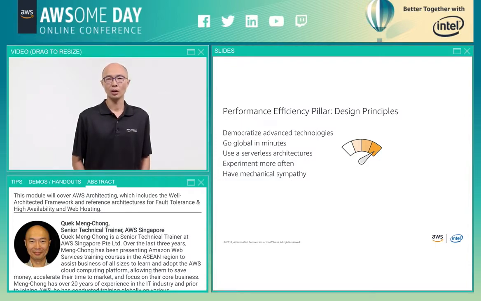With virtualization, we can quickly carry out testing to enhance efficiency. Finally, there's mechanical sympathy. This principle suggests using the technology approach that best aligns to what you are trying to achieve. Essentially, use the tool or service that best suits your needs.